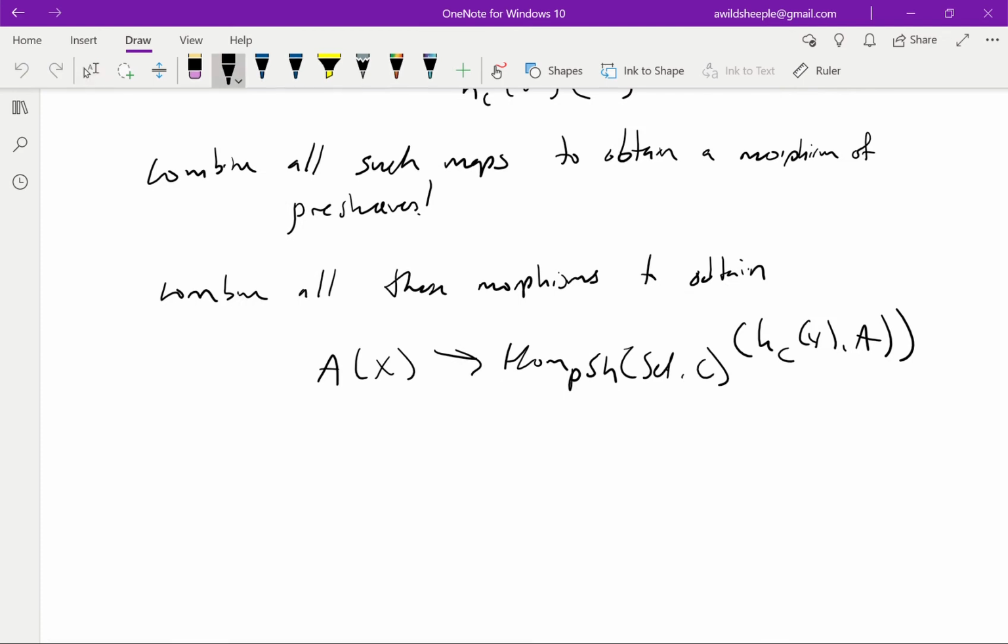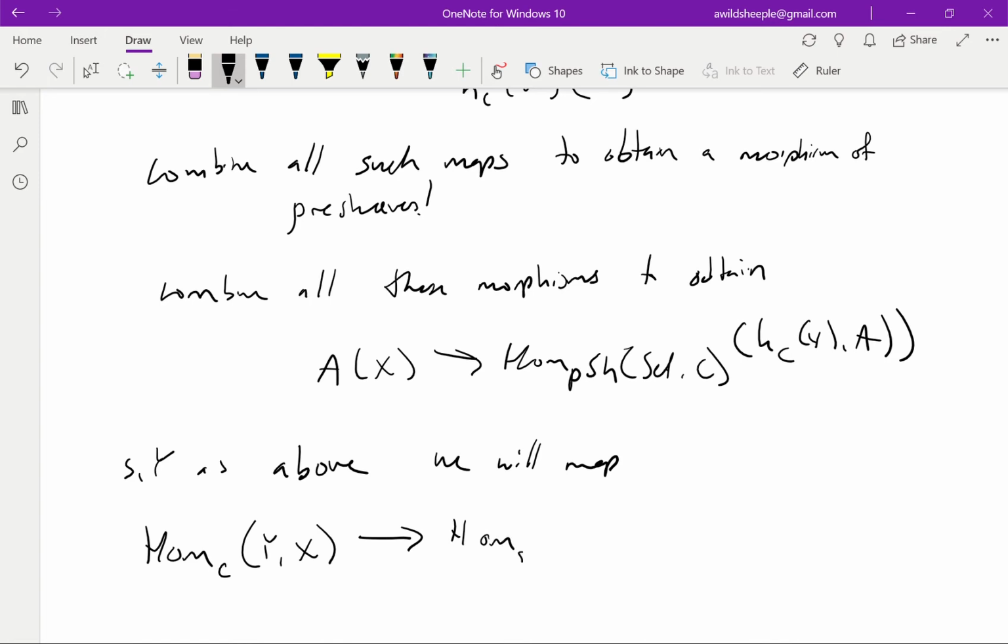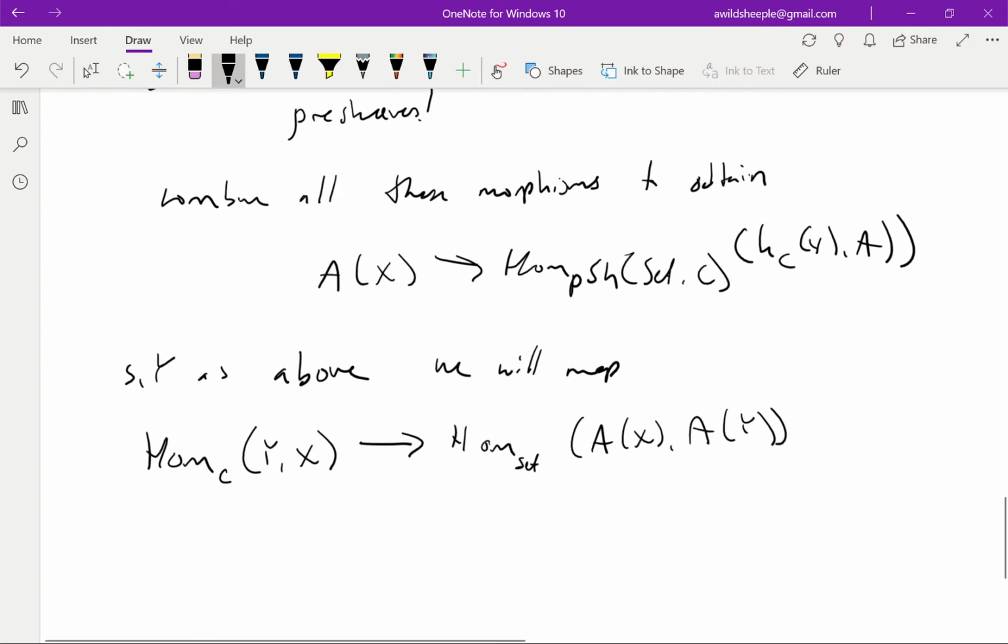So suppose we have S and Y as above. Then what we do is we will map Hom_C(Y, X) into Hom_Set(A X, A Y) by simply applying A. Nothing really difficult here.